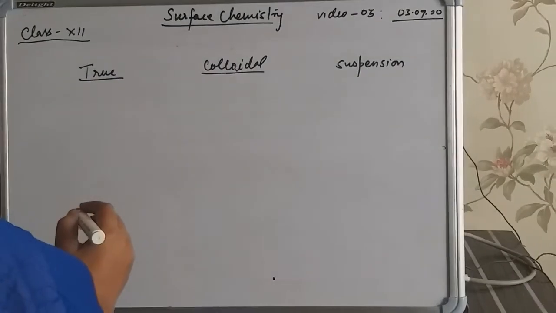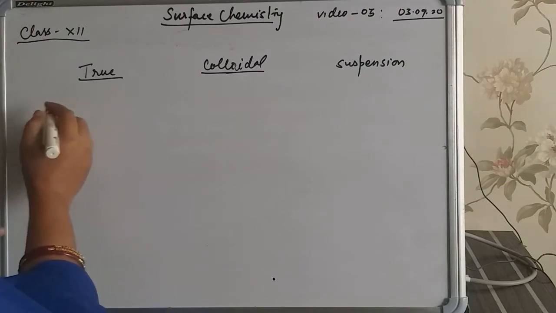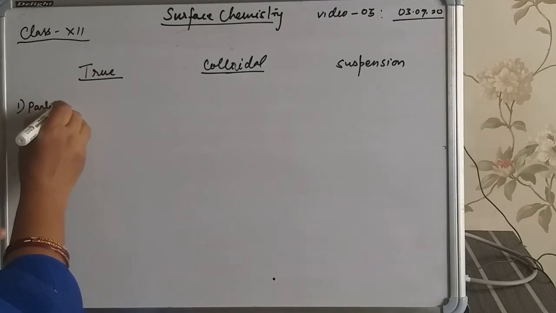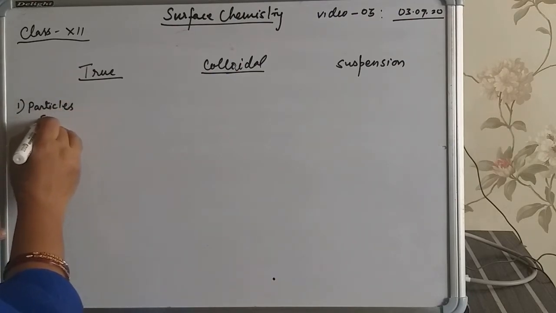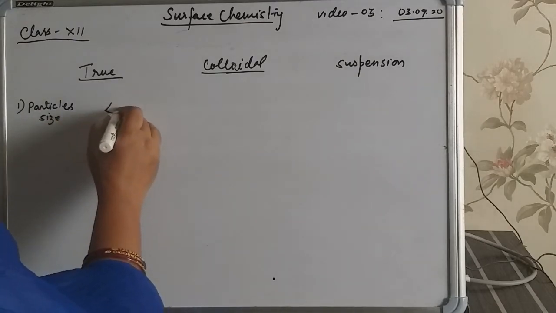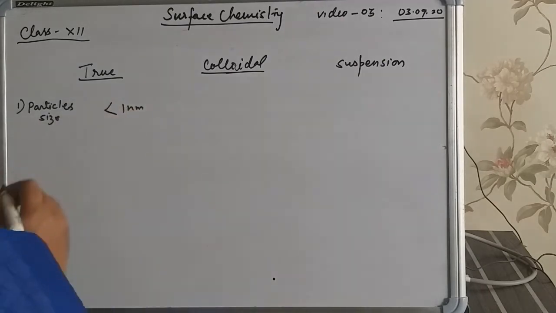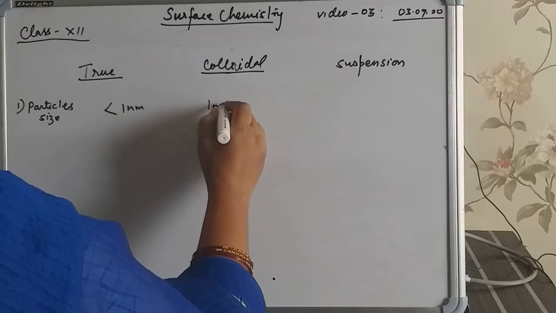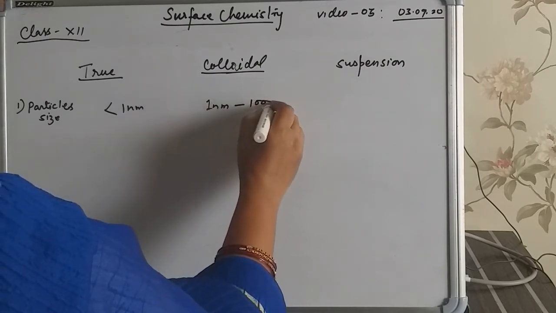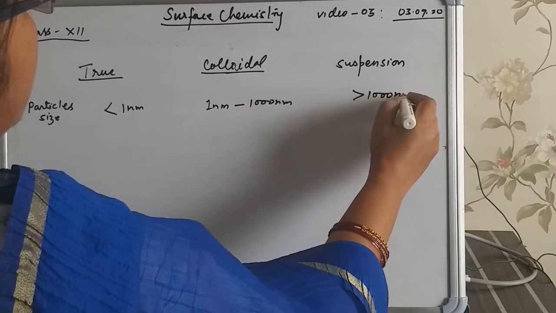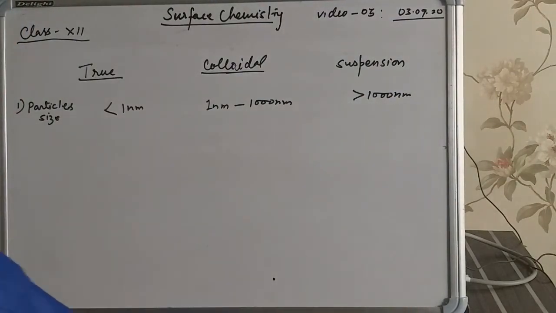At first we discuss the particle size. In the true solution, the particle size is less than 1 nm. In the colloid, 1 nm to 1000 nm. In suspension, it is greater than 1000 nm.